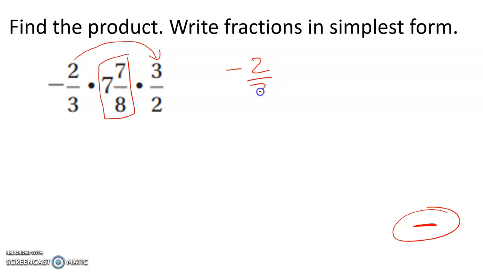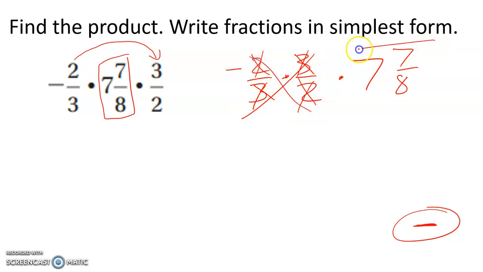Negative 2/3 times 3 over 2 times 7 7/8. If you notice, this 3 is going to cancel this 3. This 2 is going to cancel this 2. So those are actually going to cancel. So you're just left with that answer. Just don't forget the negative sign. So that's a quick way to do it.